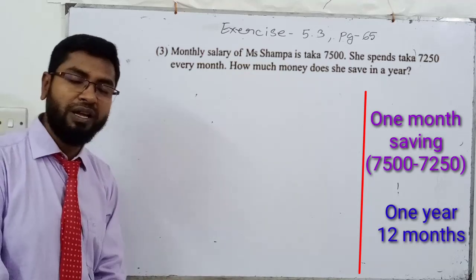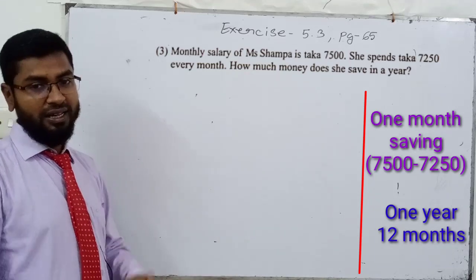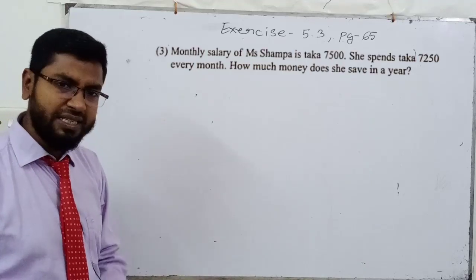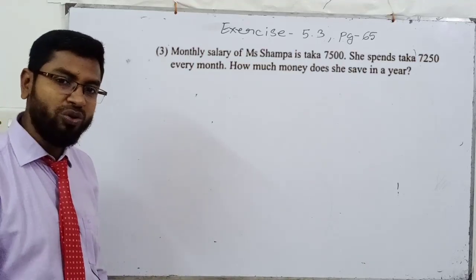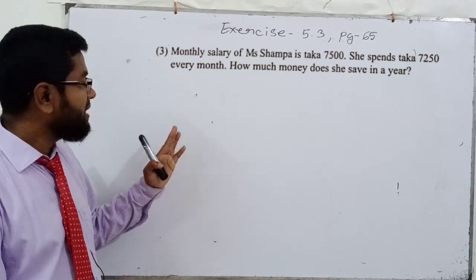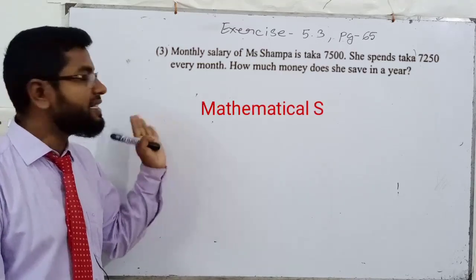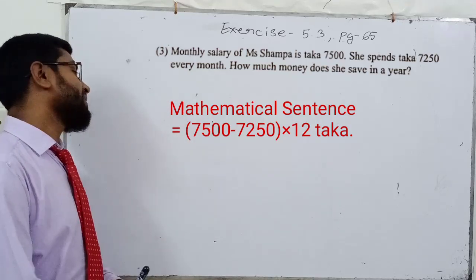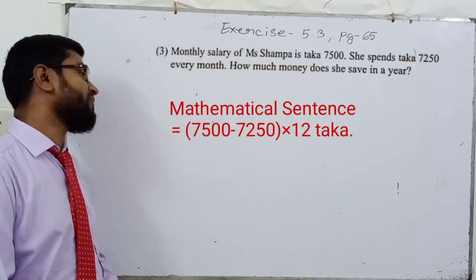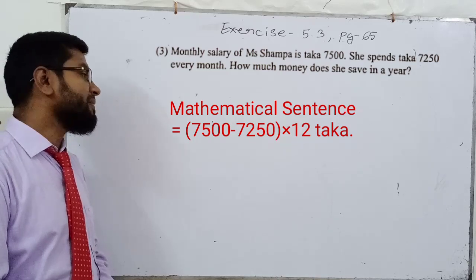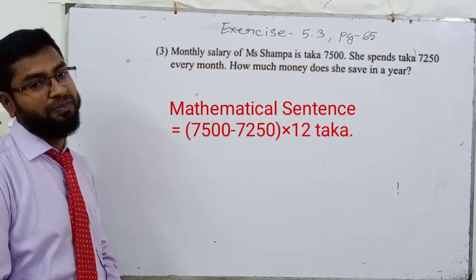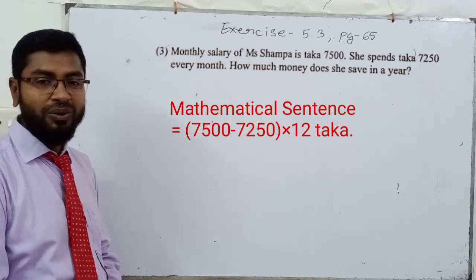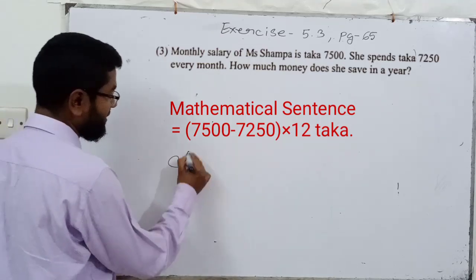Now if we multiply with 12, we can get the yearly saving. So what will be the mathematical sentence? Easy. This line is the mathematical sentence. See, 7,500 minus 7,250 multiply 12 taka. Now we need to calculate.